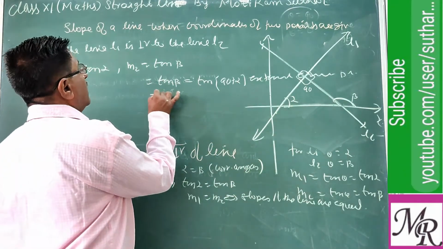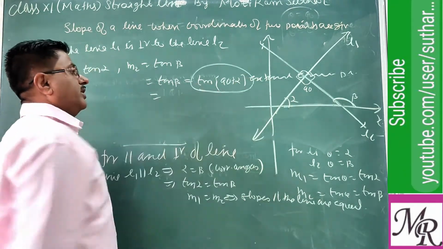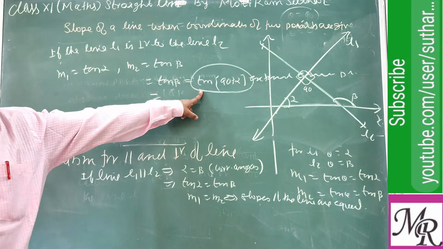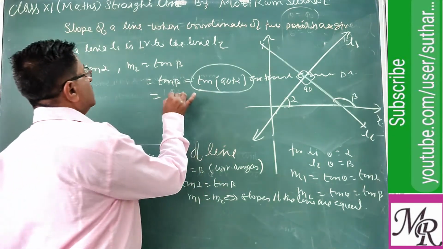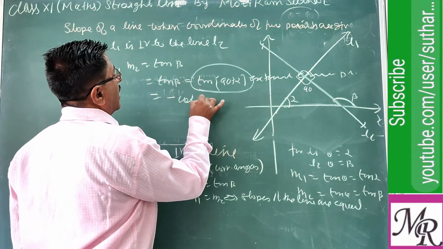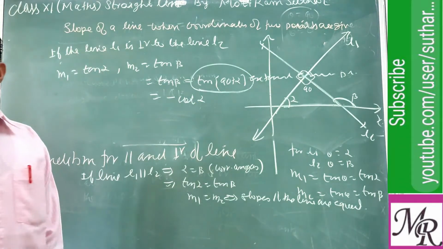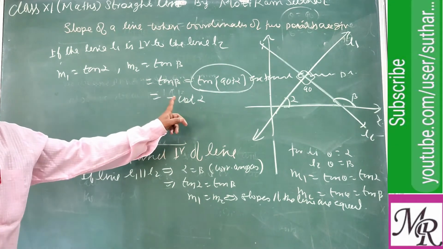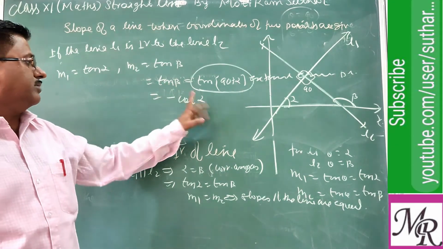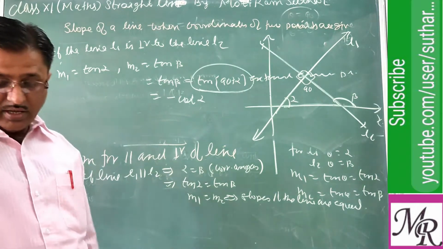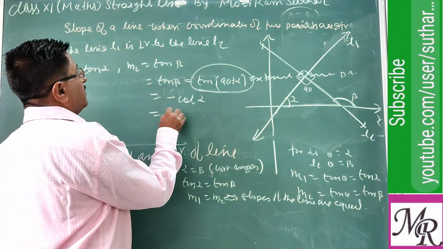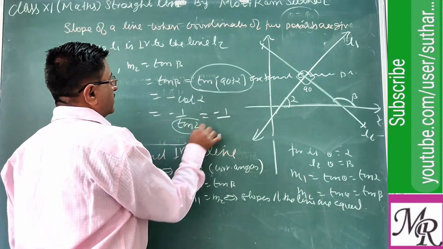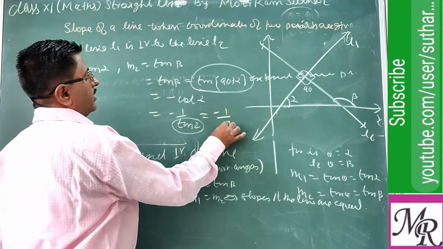So we know from the chapter on coordinate trigonometry, tan(90 plus theta) equals minus cot theta, where theta means alpha here. So the value of tan beta can be written as minus cot alpha, or minus 1 upon tan alpha, which is minus 1 upon M1.